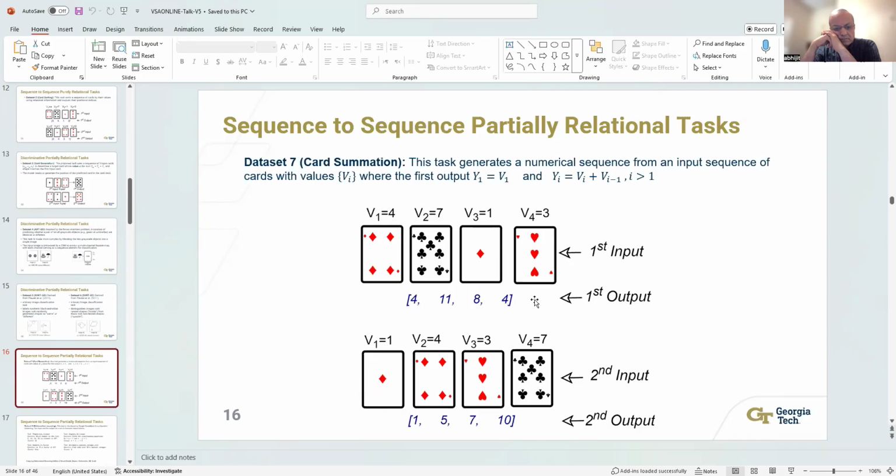The abstract rule is that the first output should correspond to the first value. The second output should correspond to the value of the second card plus the value of the first card, and so on. So here we have 7 plus 4 is equal to 11, 1 plus 7 is equal to 8, 3 plus 1 is equal to 4.